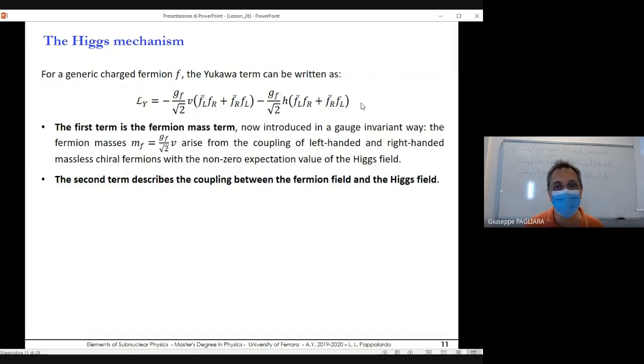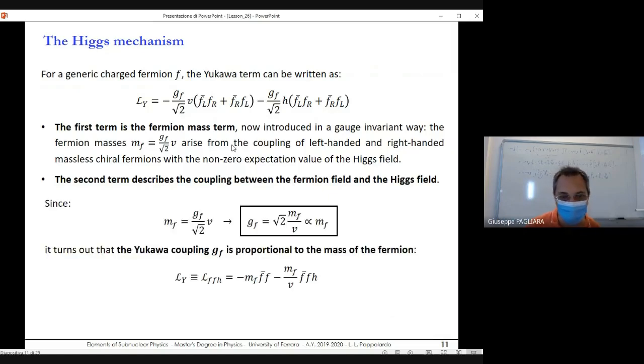The second term, where now these objects are convoluted with the Higgs field, is clearly an interaction term, where the fermion interacts with the Higgs field. So we have in this Yukawa sector of the Lagrangian a gauge invariant mass term for the fermion, and a fermion-Higgs interaction term.